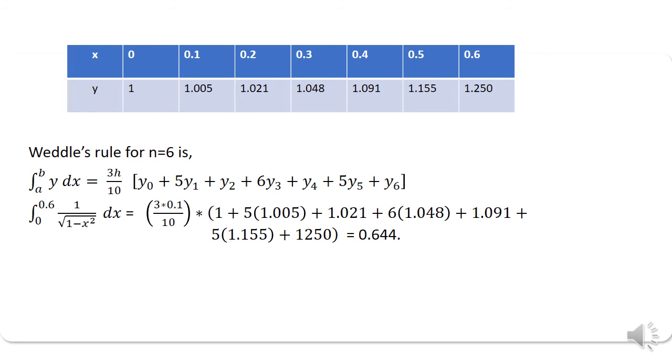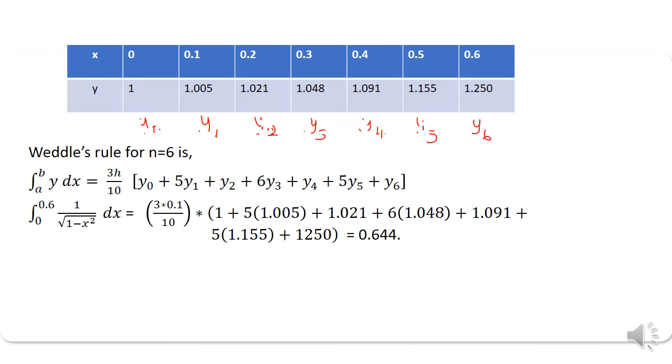By substituting these values in the function, we'll get the respective y values, namely y0 equal to 1, y1 equal to 1.005, y2 is 1.021, y3 is 1.048, y4 equal to 1.091, y5 equal to 1.155 and y6 is 1.250. We can calculate this by using a scientific calculator, as it is allowed to write.